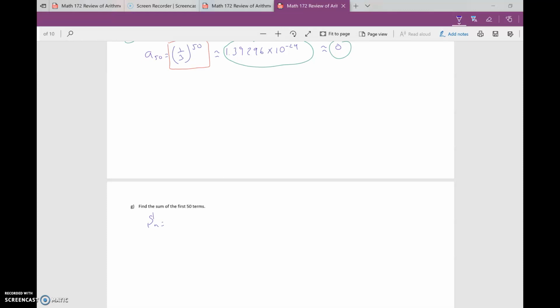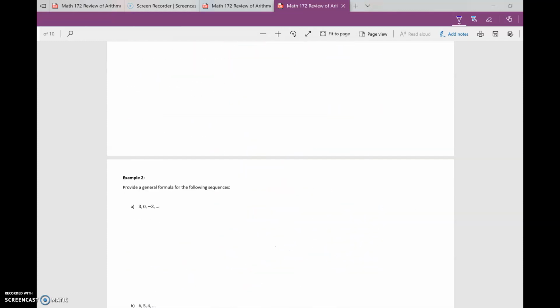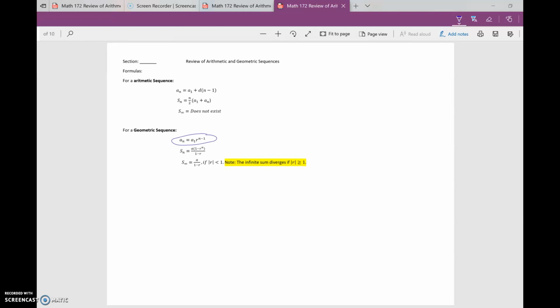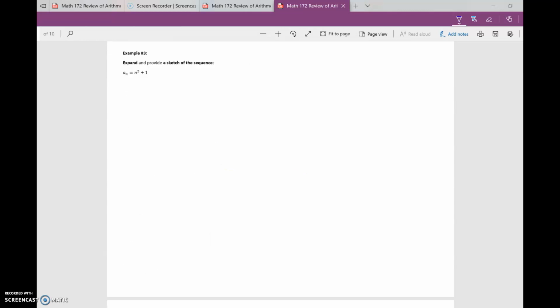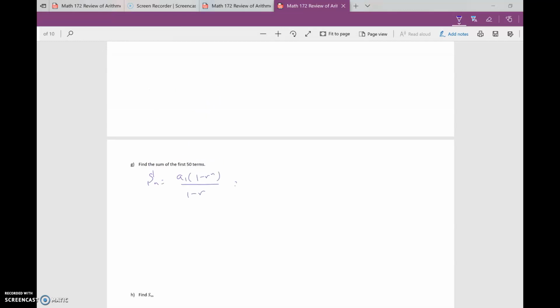So the formula is a sub 1 times 1 minus r to the n over 1 minus r. And let me double check the formula. Yep, okay. So this is what I need you to do on these problems. You would plug them in and then punch them into the calculator. You just have to do it correctly on the calculator.